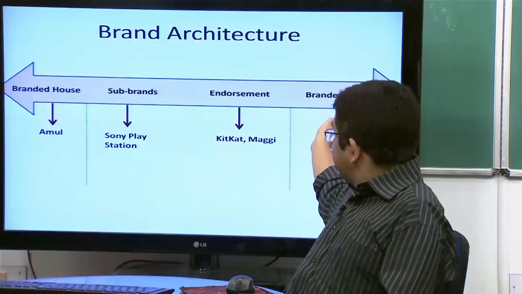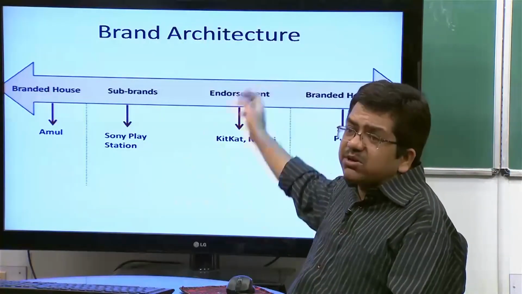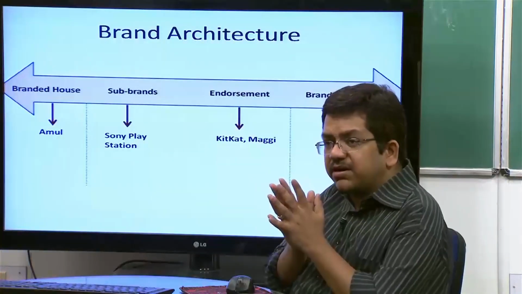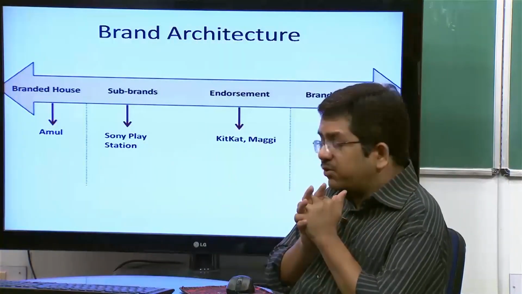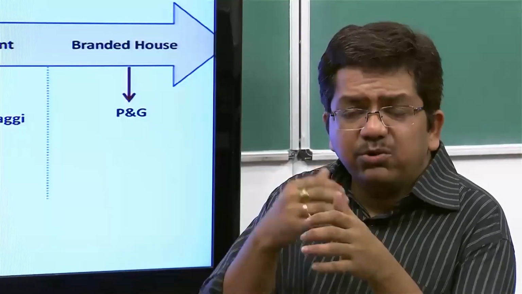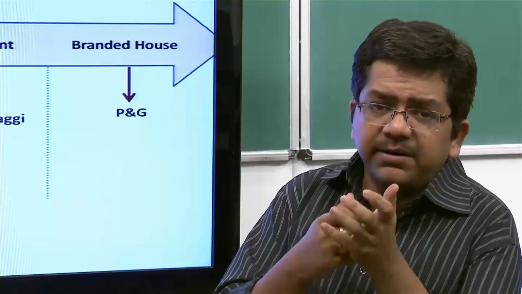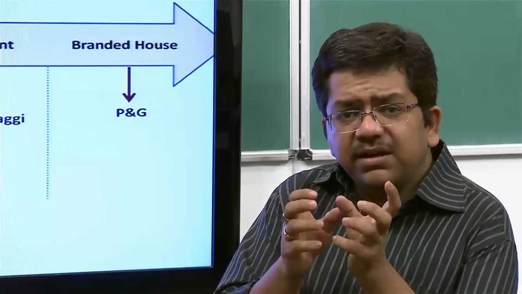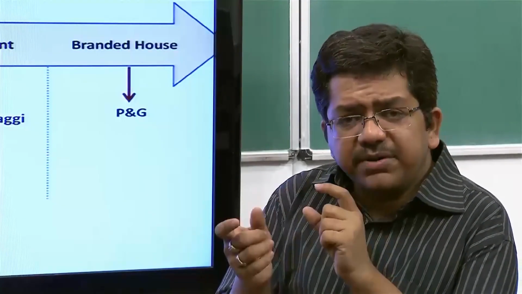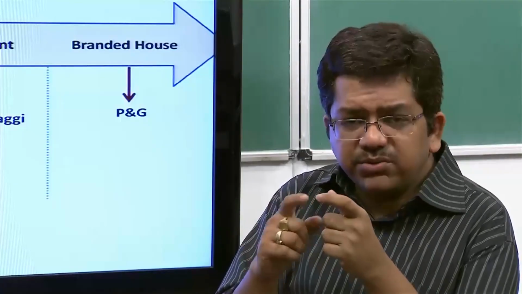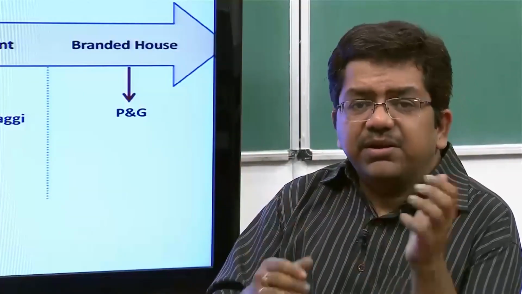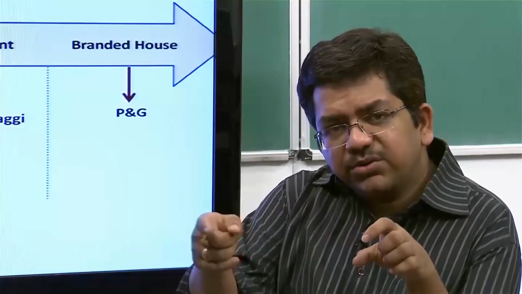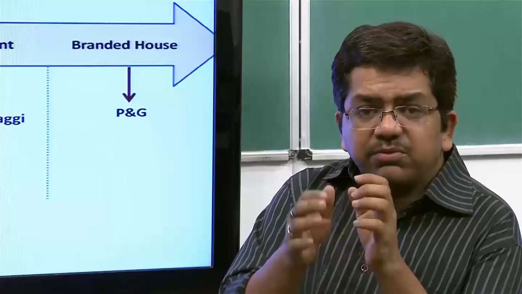And then on the other side you have P&G, which probably has more than 50 blockbuster brands in its product portfolio. When P&G does this kind of individual branding, the benefit is that if something goes wrong with one brand, it does not get transferred to the corporate brand or to any other brand.